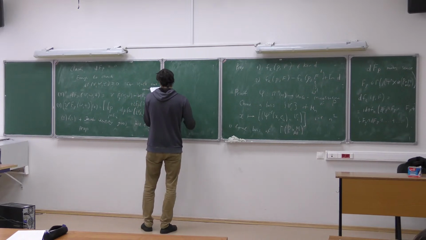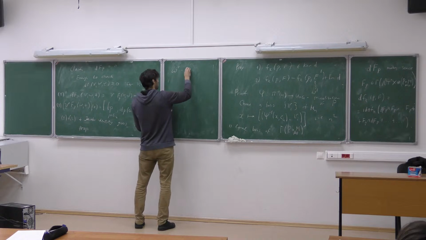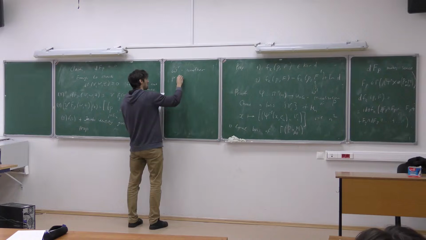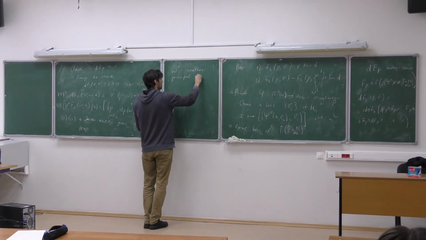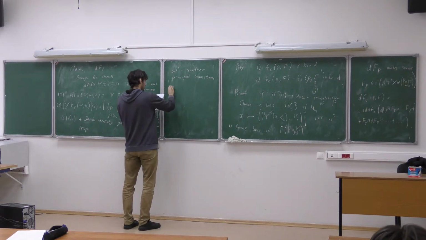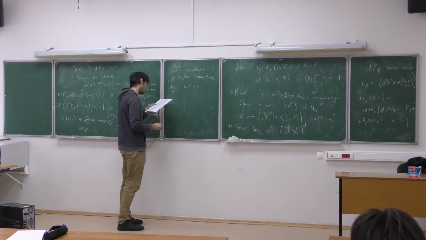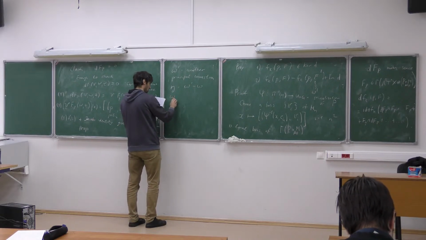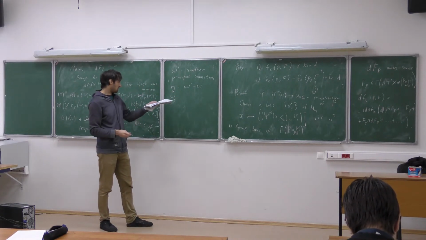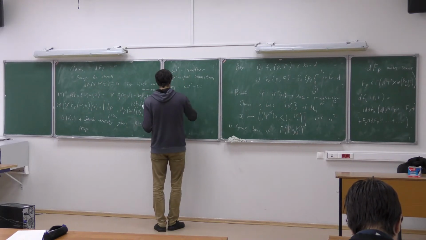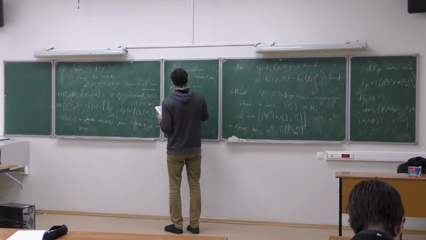Part 2 is just, so suppose that omega prime is another principal connection. If you consider the difference of omega prime minus omega, then you can form omega t, which is a form depending on a parameter, basically a straight path from omega to omega prime.